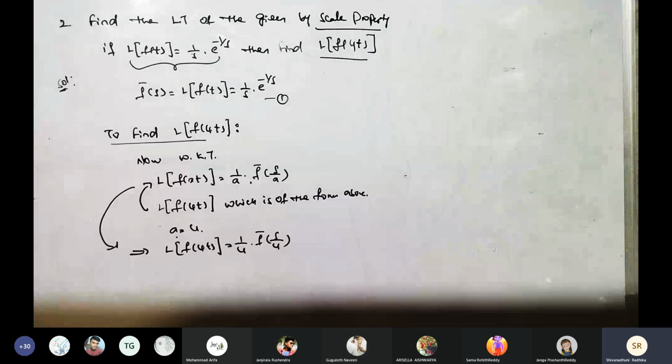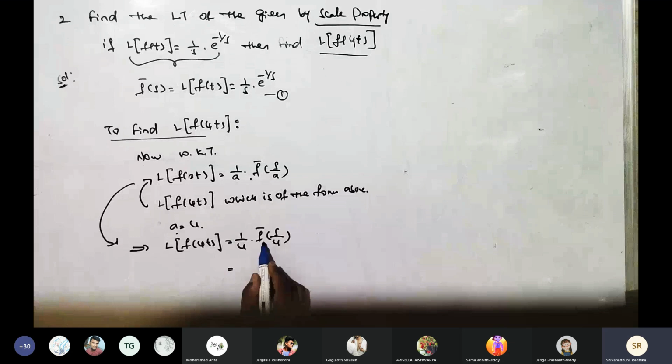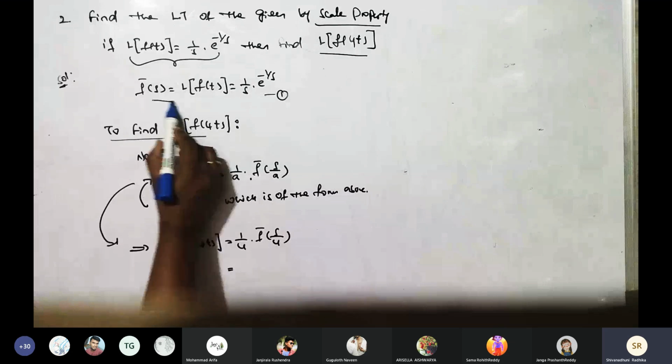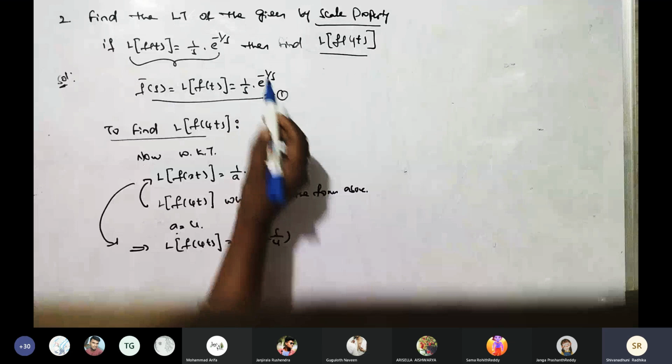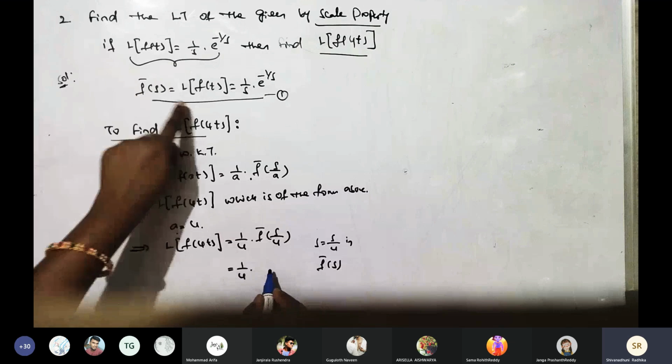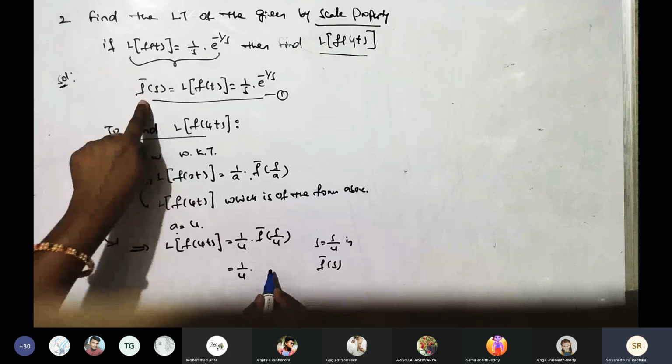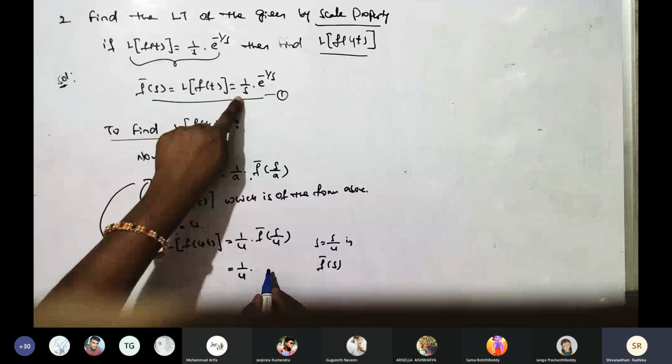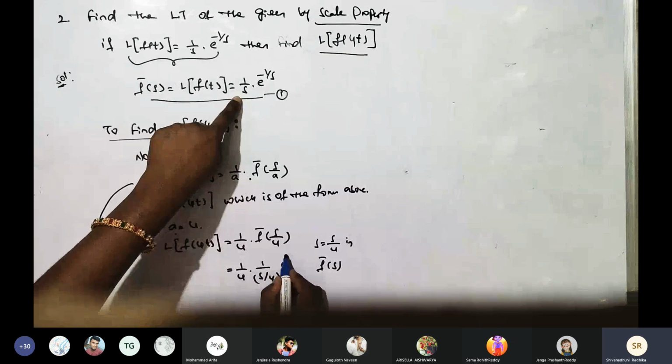Now, f bar of s is what here by equation number 1? 1 by s into e power of minus 1 by s. Now put s equals s by 4 in f bar of s. 1 by 4 into 1 by (s by 4) into e power of minus 1 by (s by 4).